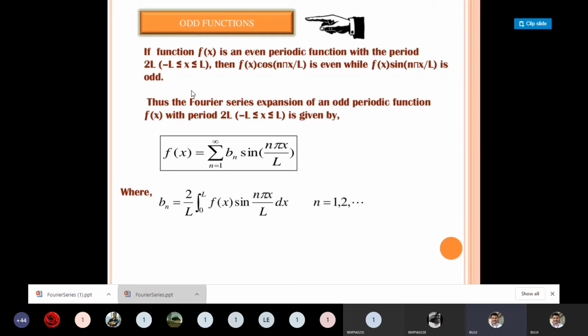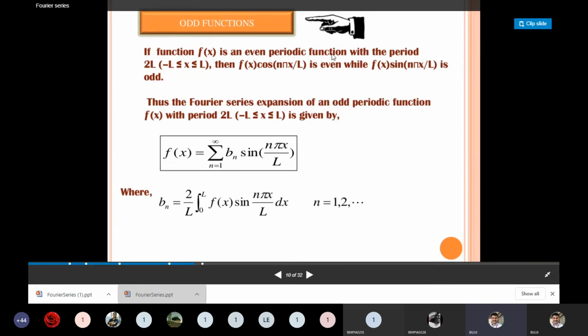See here, if a function f of x is an even periodic function with a period 2L, that means it is extending between minus L to plus L over a period, then f of x cos n pi x by L is an even function. f of x sin n pi x by L is an odd function. One is odd function, one is even function. That means cos term is the even, sin term is the odd function.